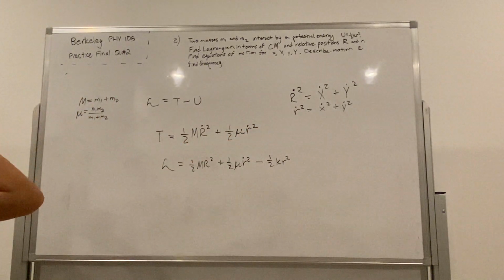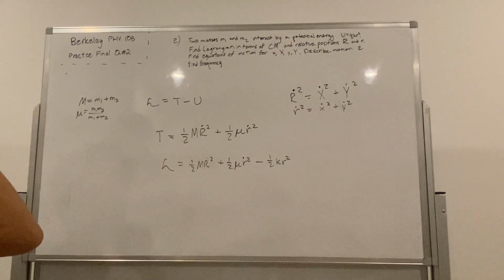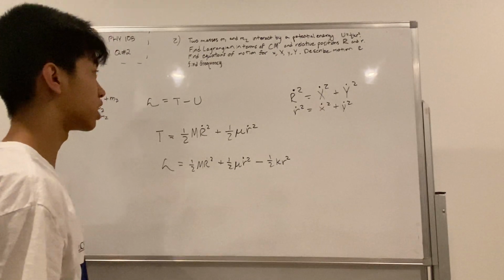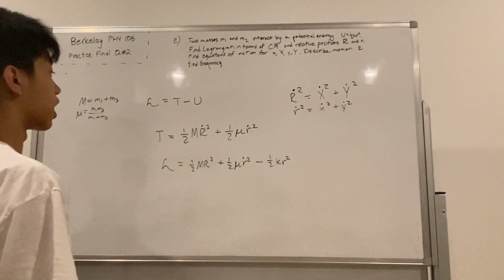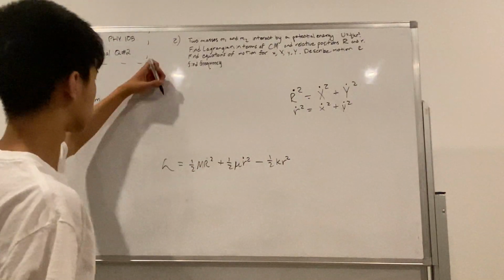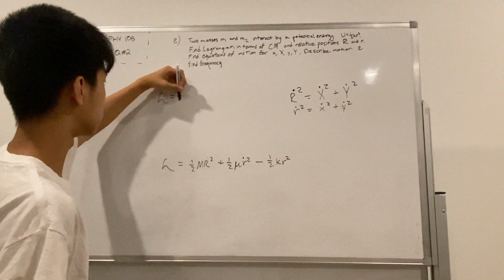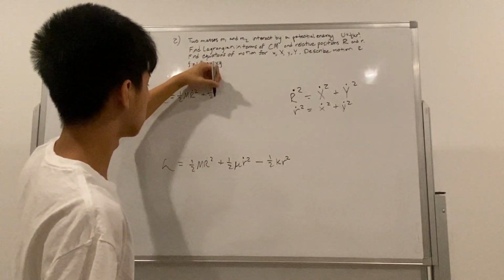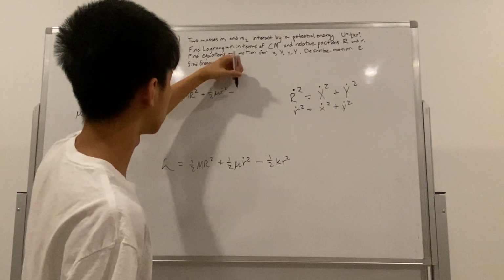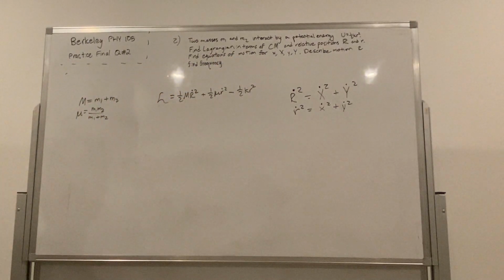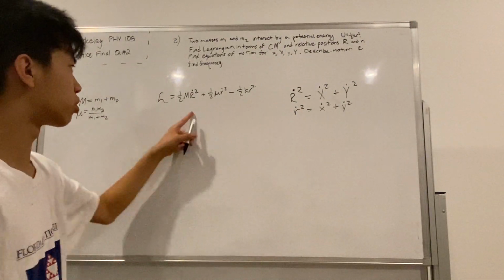Now moving on to the second part of the problem, find the equations of motion for big X, little x, big Y, and little y. That's going to take a while, so let's get started. Let me write this on the top first. We can get started by making this appropriate substitution.